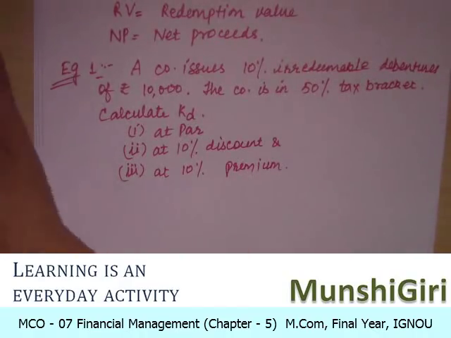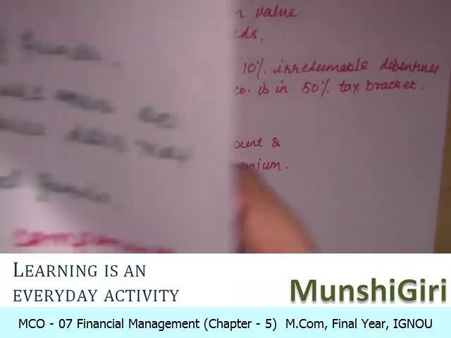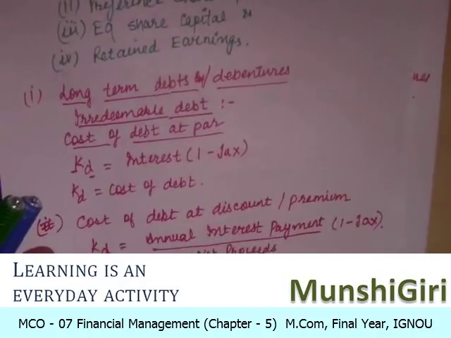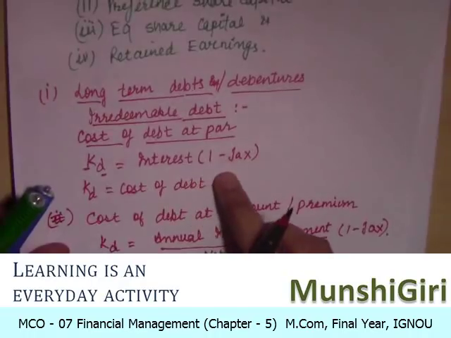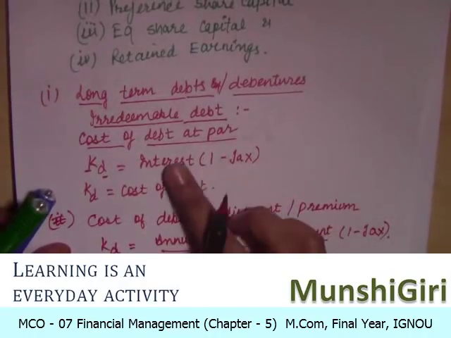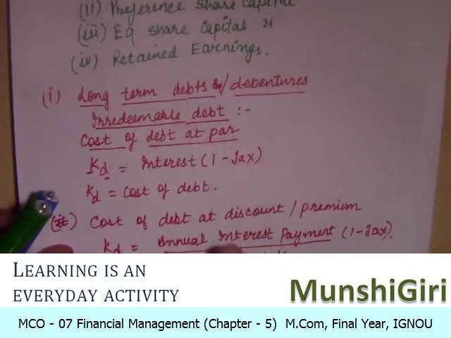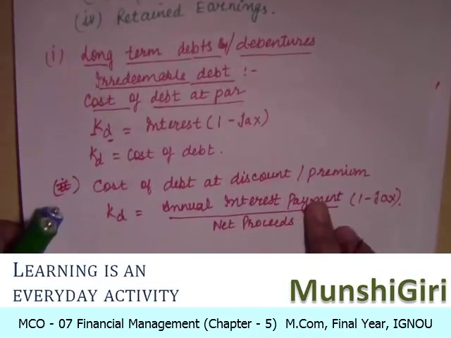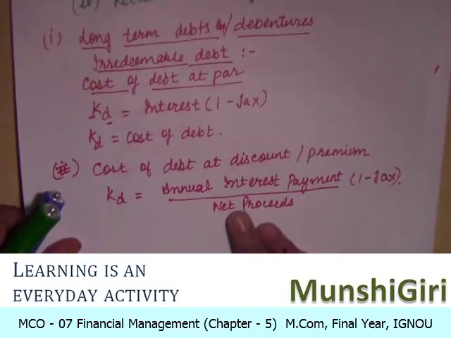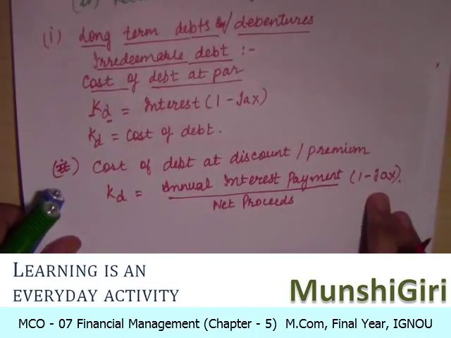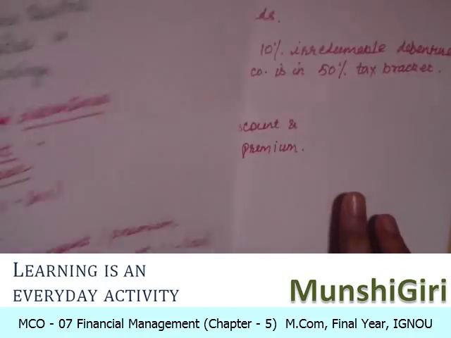So we'll be using these formulas that we wrote on the last page. KD, interest (1 minus tax) in case of cost of debt at par, and in case of premium or discount the formula will be annual interest payment (1 minus tax) divided by the net proceeds.